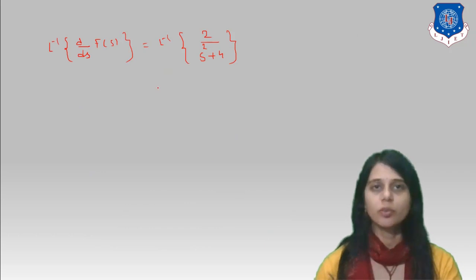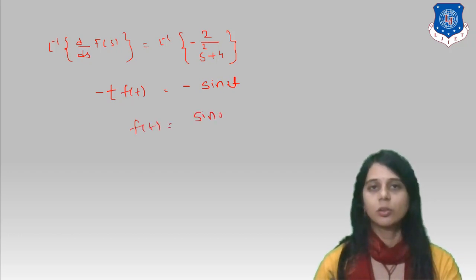So d by ds of F of s equals 2 by s square plus 4. This is the minus t f of t. And here we get minus sine 2t. So f of t is sine 2t by t.